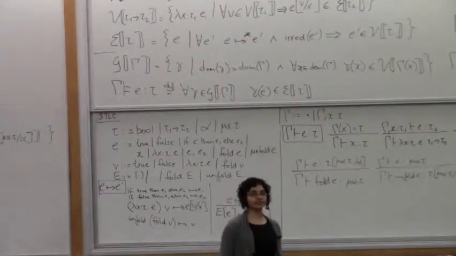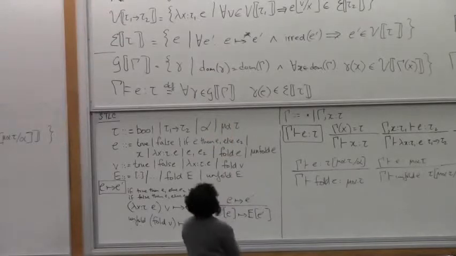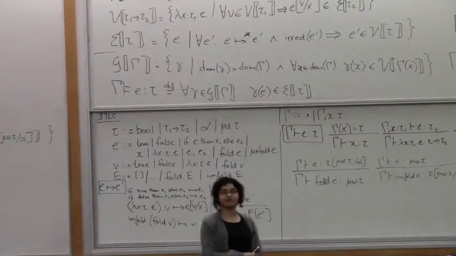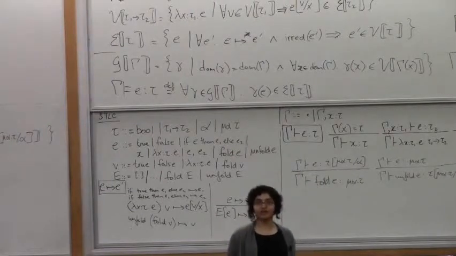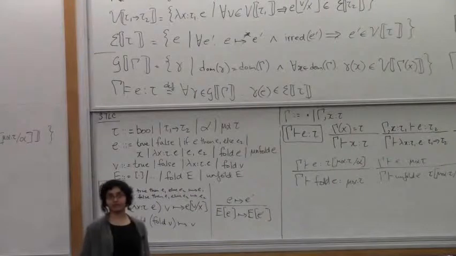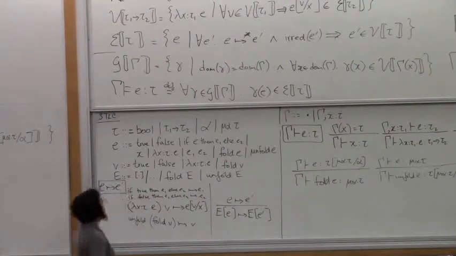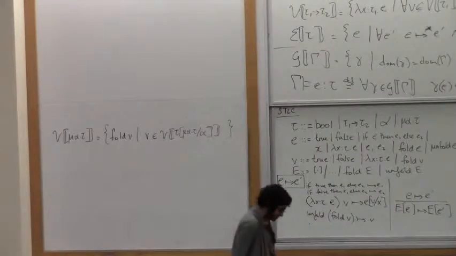We're using a very operational flavor of logical relations. That's why, when does an expression E belong to E of tau? Let's go run it. That's going to happen over and over again. We run things to see if they behave like the thing that we expect.